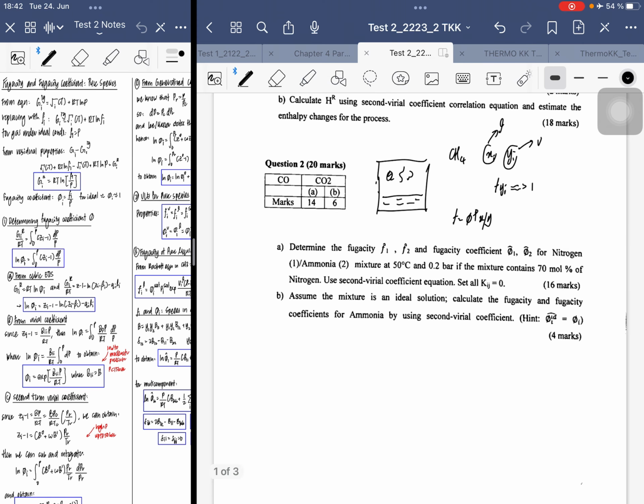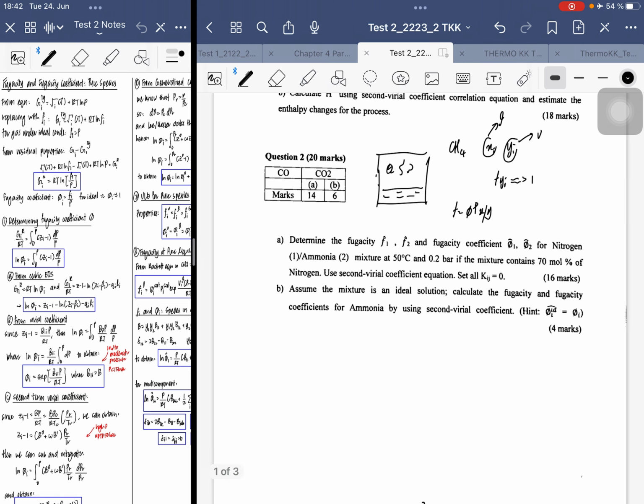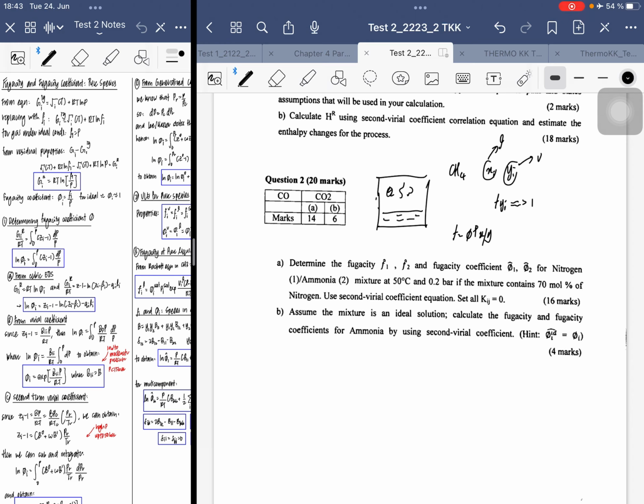If they give 70% mole, most probably it's going to be gas, because they didn't set the initial state of the species, so we assume it to be gas as the initial state. So when we multiply with y, if the final value of fugacity is closer to 1, then this species has a tendency to be in the gaseous or vapor state instead of the liquid state.